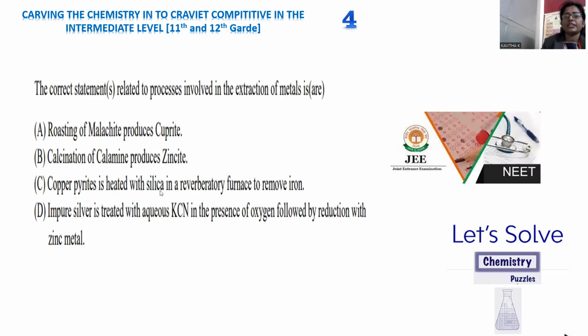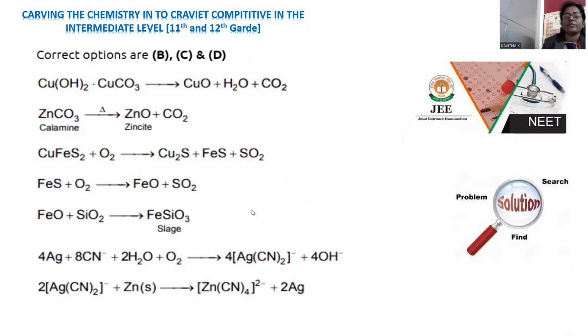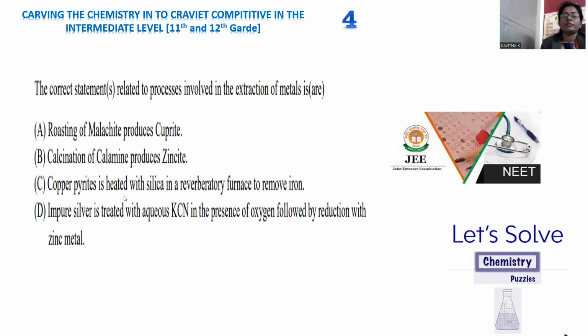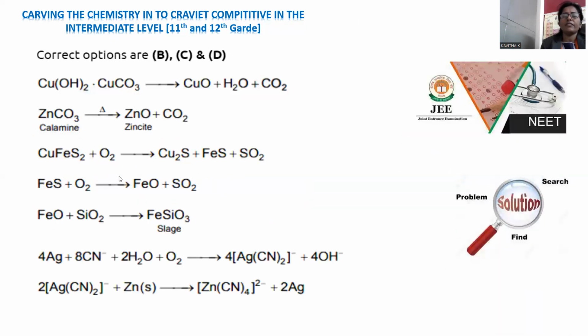Copper pyrite is heated with silica in a reverberatory furnace to remove the iron. Copper pyrite is copper iron sulfide. Here iron is also present in a minute quantity. Upon heating with silica, the ore is first burned, so that copper sulfide and iron sulfide are separated as separate compounds.